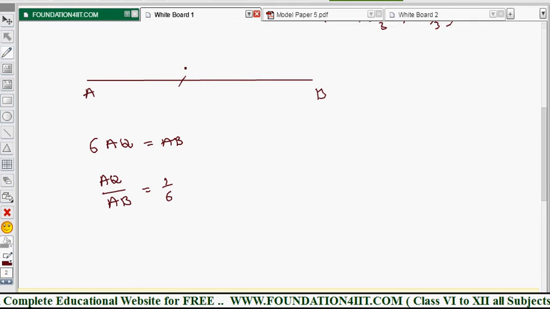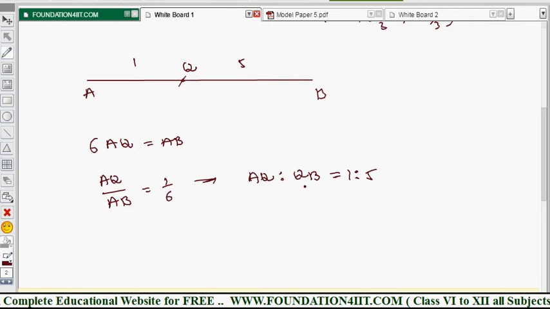So it will be somewhere the Q point. AQ is 1 time and total AB is 6, so this must be 5 and this should be 1. This is the 1:5 ratio. So AQ is to QB is 1:5.